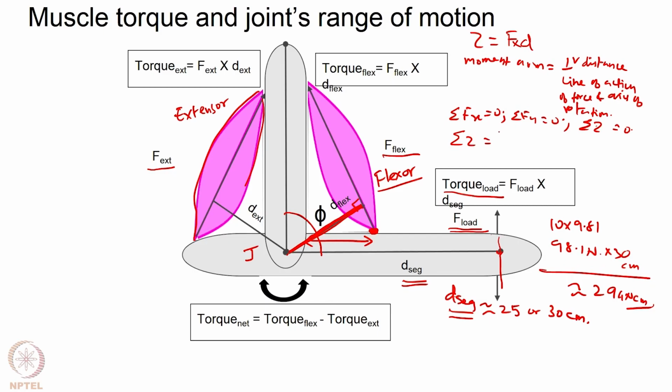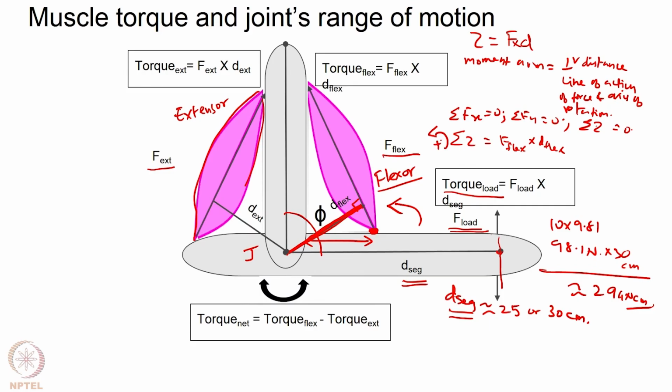So, this is essentially F flex times d flex, which is a counterclockwise moment. So, sigma tau, where counterclockwise moment is considered positive.